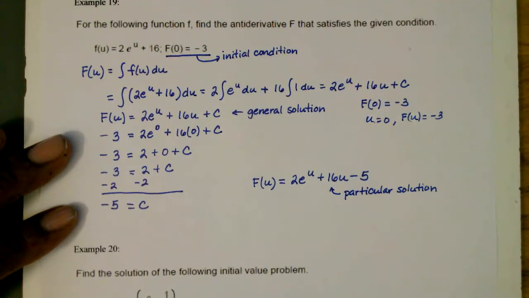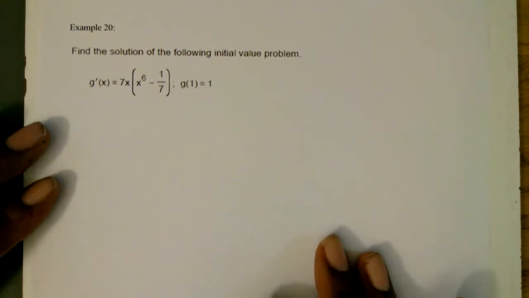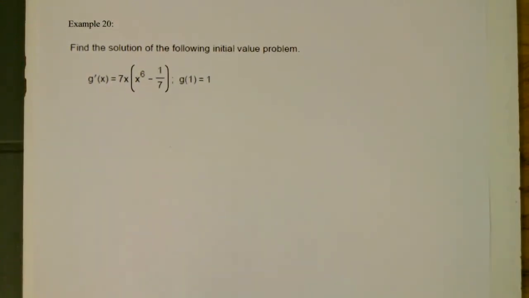Okay. And finally, say we want to find the solution to the following initial value problem. Here we have g prime of x is equal to 7x times the quantity x to the 6 minus 1/7, and g of 1 is equal to 1.